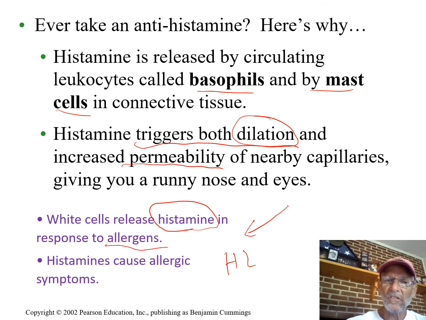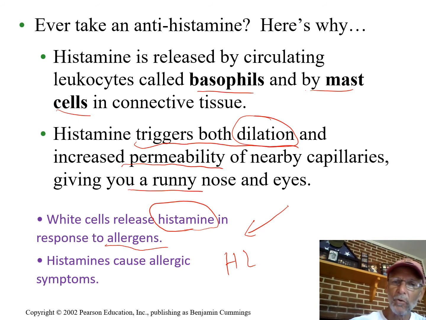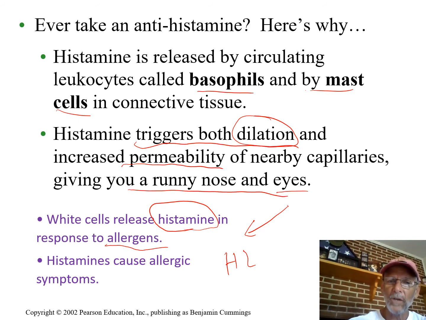And it also lets the white blood cells come out to that area of damage so they can fight the things that are causing the damage. But it's histamine that gives you a runny nose, all that fluid coming out, when what's being infected is your upper respiratory tract and your eyes maybe. And that's why you might take an antihistamine if you want to cut off that runny nose stuff.